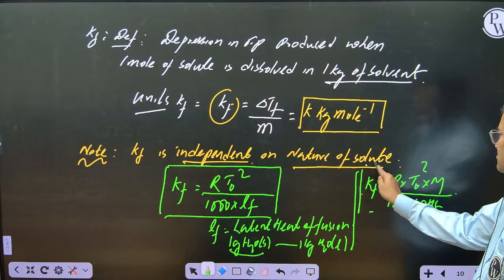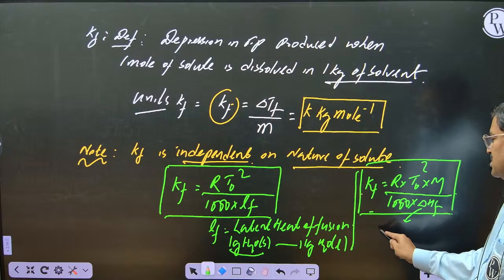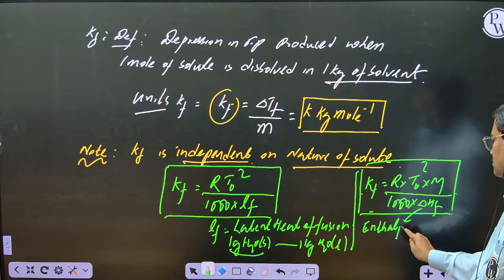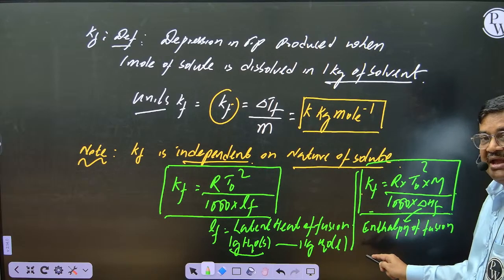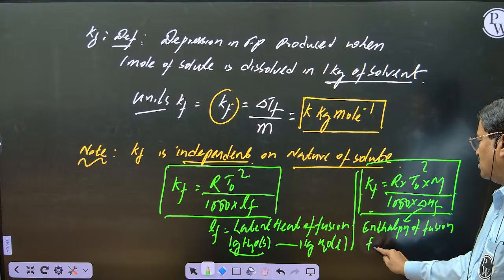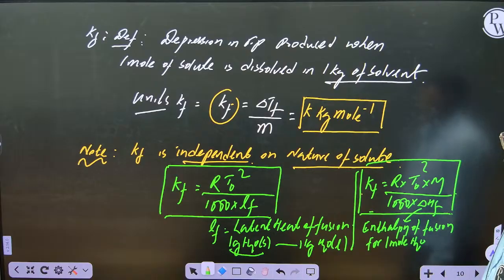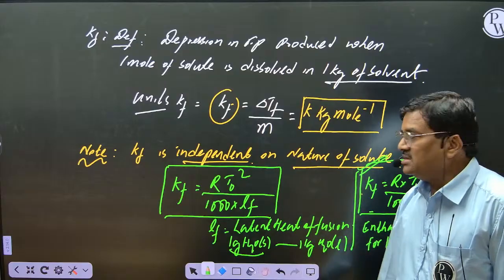This is for 1 mole, which means 18 grams for 1 mole of water. These relations are important. This is the cryoscopic constant.